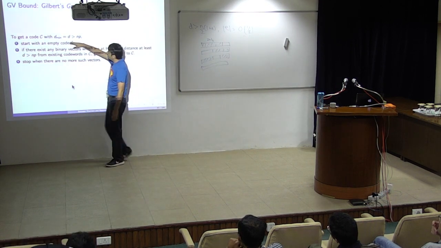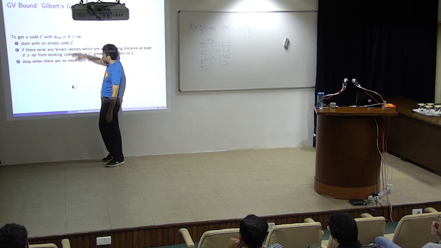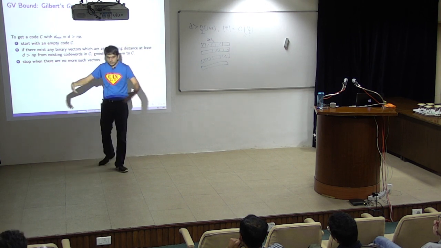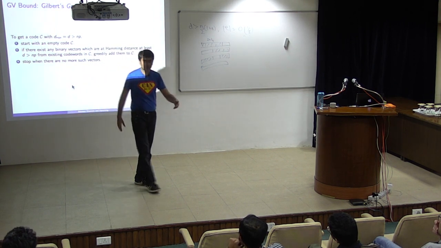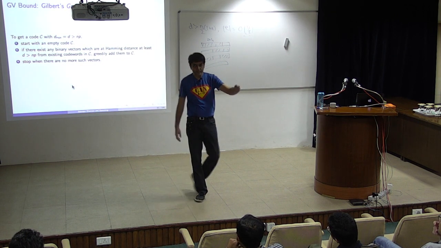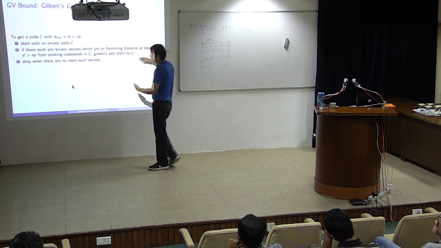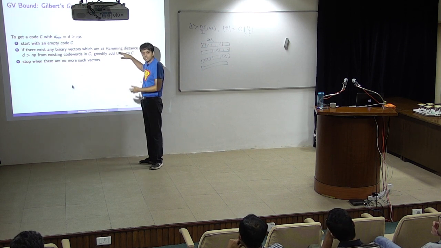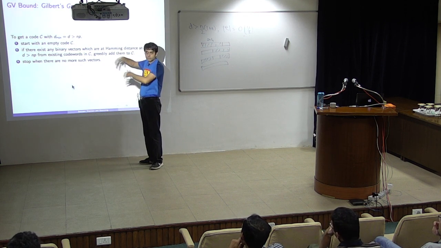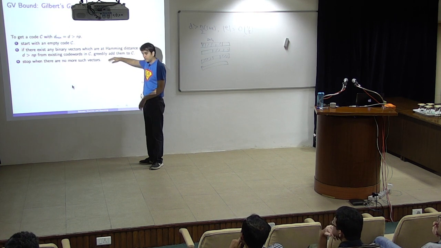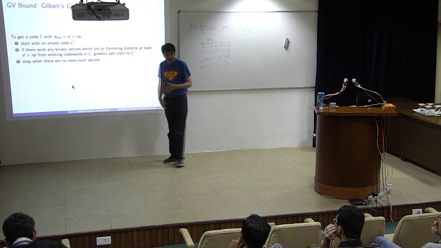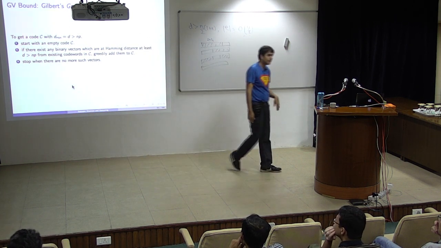To get a code with minimum distance d, which is pn, it's just a greedy approach. Start with an empty codebook, choose any codeword to begin with. Then you have to exclude all binary vectors which are within Hamming distance np of it. So just exclude them, throw them away. Now choose another one, exclude them, throw them away, and so on. Just do it greedily.